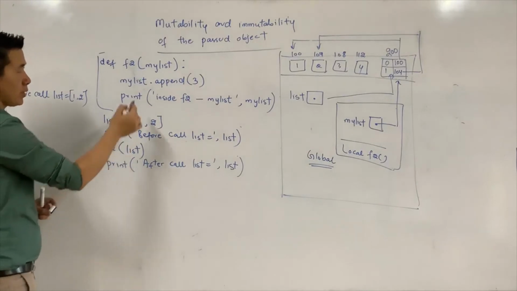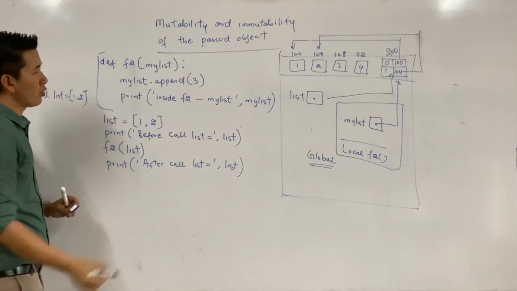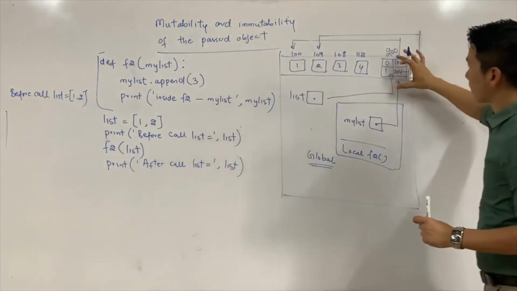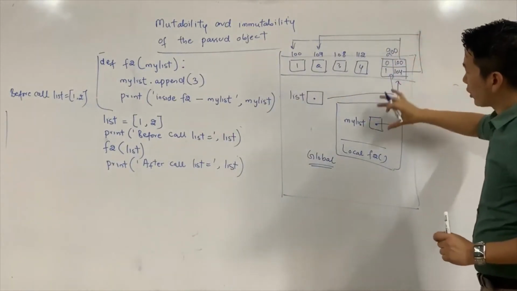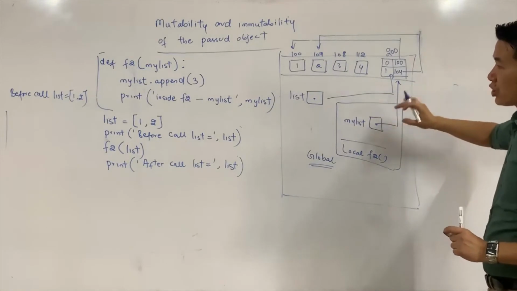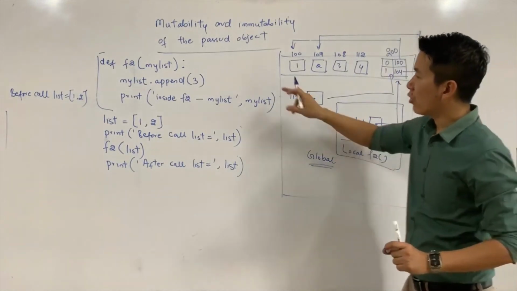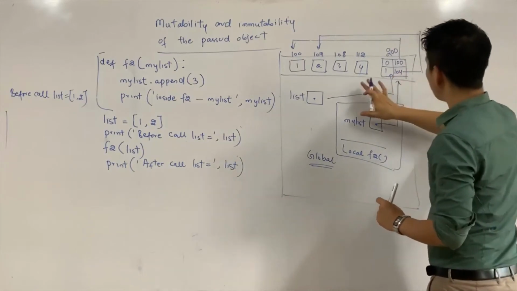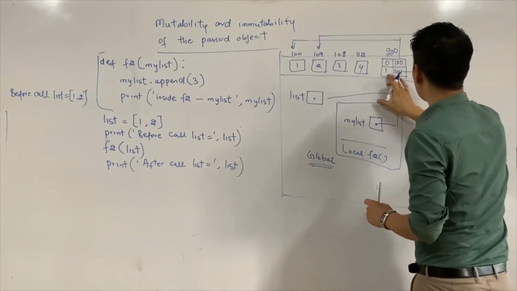And then my list.append, you're making some changes to the storage location of my list. You are adding 3 to it. I'm sorry, it's a little messy.